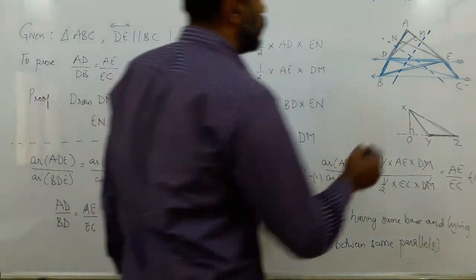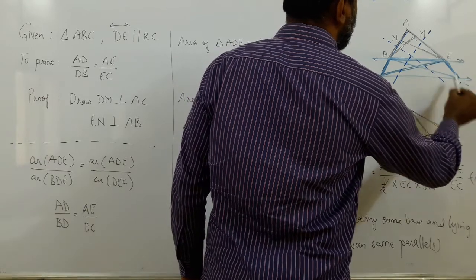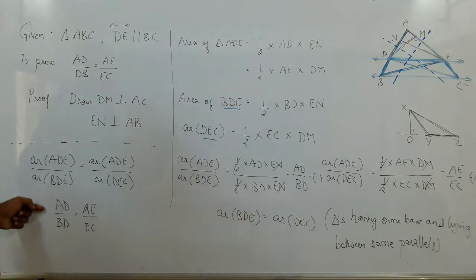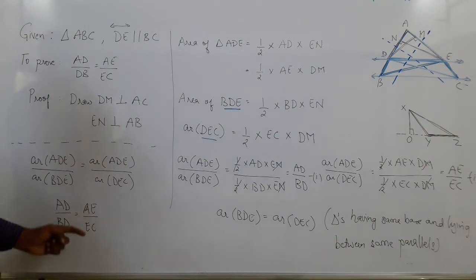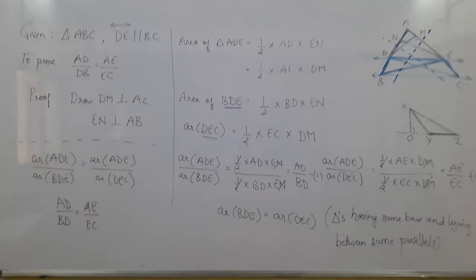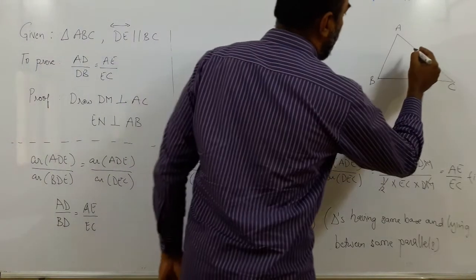So, what does it mean? You can understand. If DE is the line drawn parallel to BC, which intersects AB and AC at D and E, then AD upon BD equal to AE upon EC. Now I'll write the other one also, just for your understanding. This time I will draw my line parallel to AB.